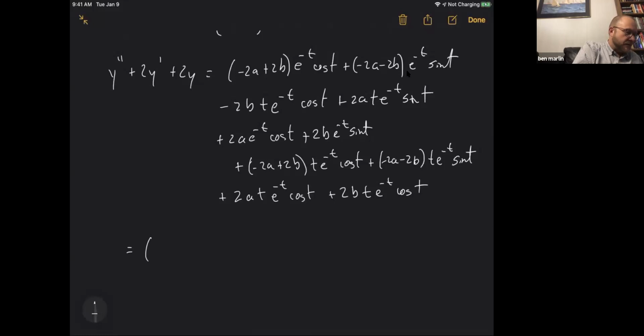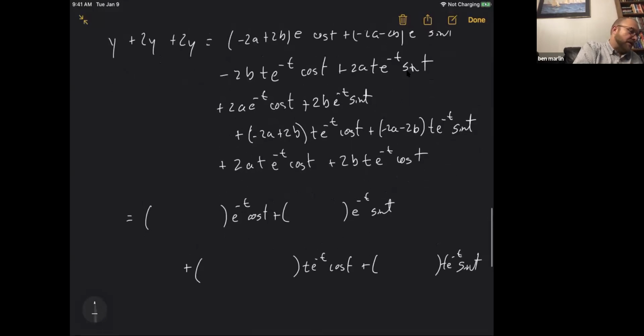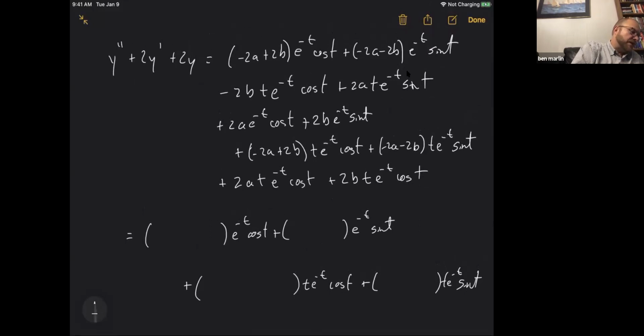Stuff times e to the minus t cosine t plus stuff e to the minus t sine t plus stuff t e to the minus t cosine t plus stuff t e to the minus t sine t. And we just have to do bookkeeping at this point.